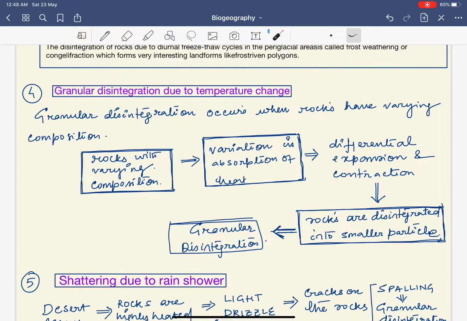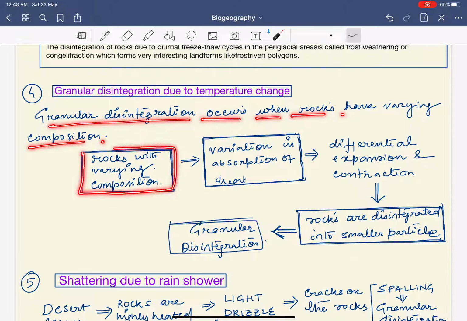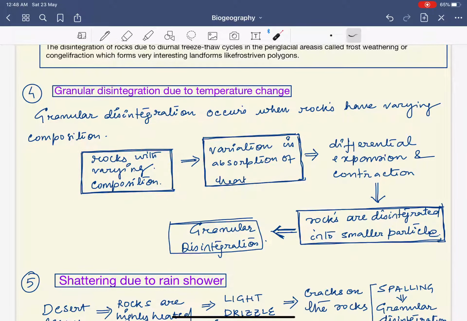Next is your granular disintegration due to temperature change. I want you to look at this diagram. See, it says that granular disintegration occurs when rocks have varying composition. Understand this. Rocks with varying composition lead to variation in the absorption of heat. Let us consider this is a rock. Half part is formed of granite and another part is formed of limestone.